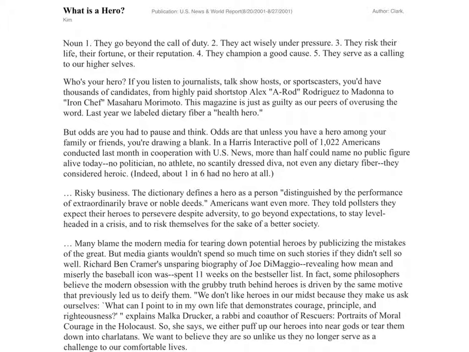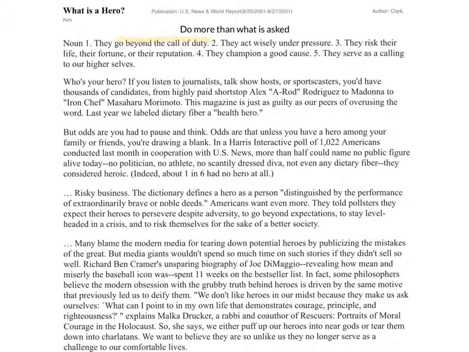So going back into the very first paragraph, the author, Kim Clark, gives us several definitions. So I'm going to highlight some of those definitions. Go beyond the call of duty. I'm going to put a little note there. They do more than what is asked.